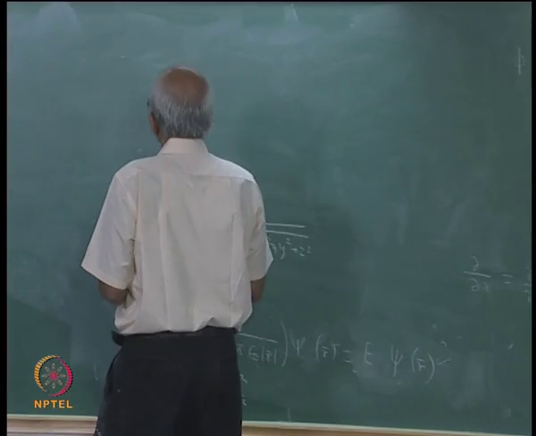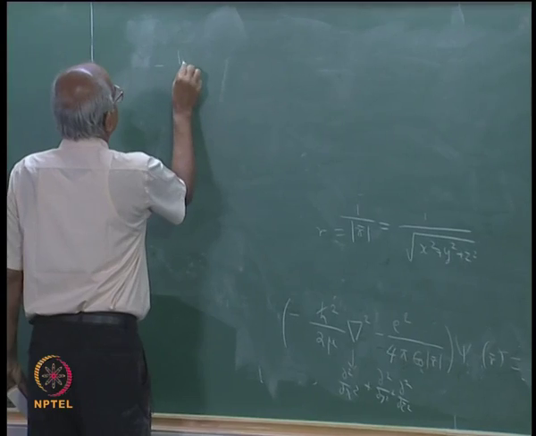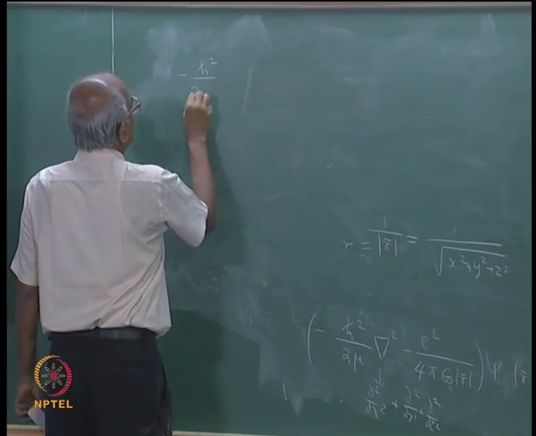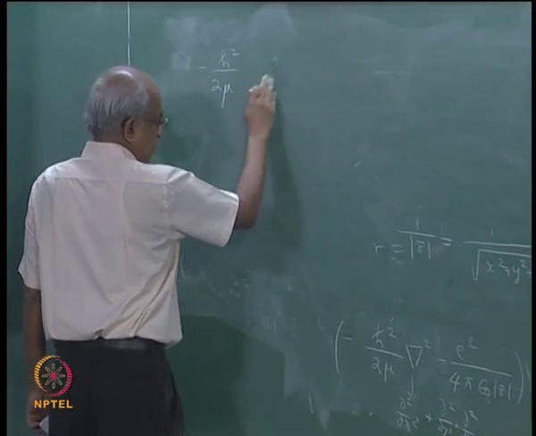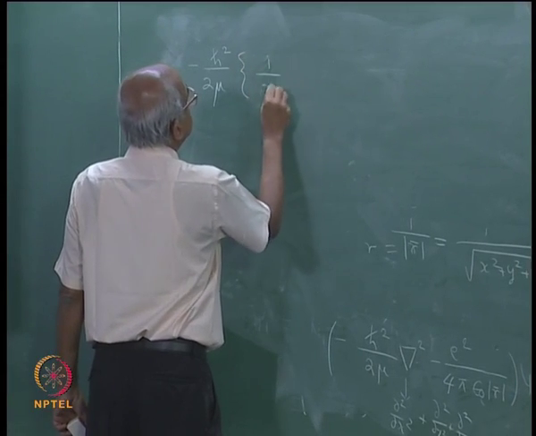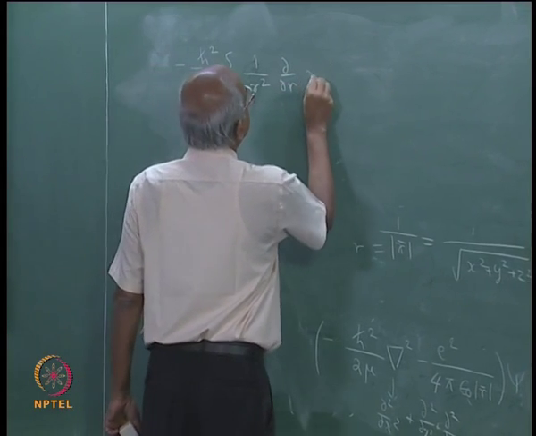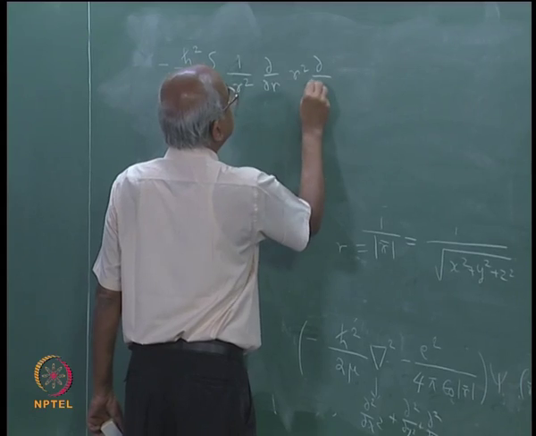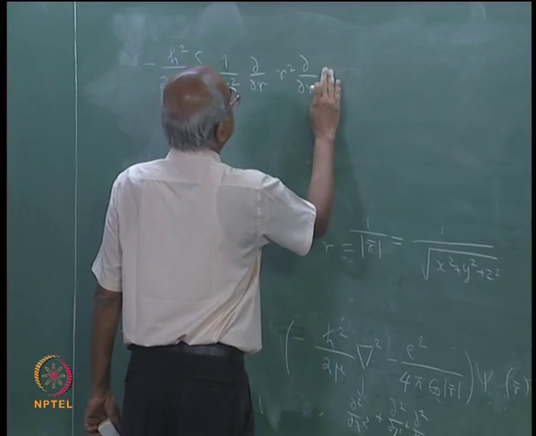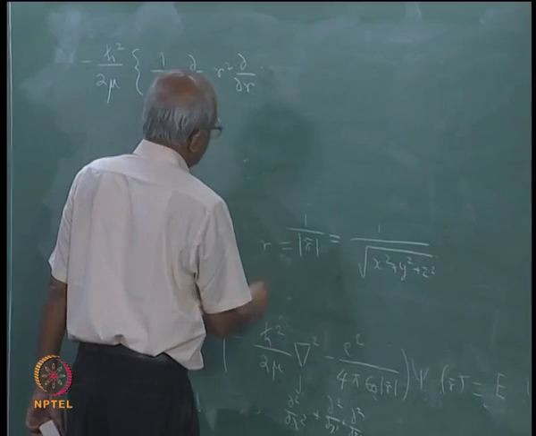So, if we did all these things, what happens to the Hamiltonian? Well, the answer is minus h cross square by 2 mu. So, this is the first term that you will find.